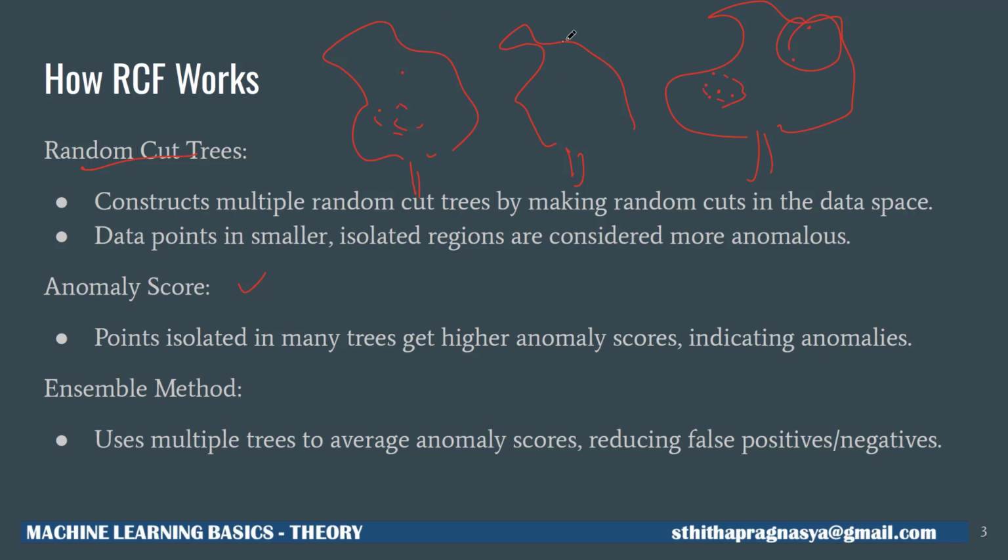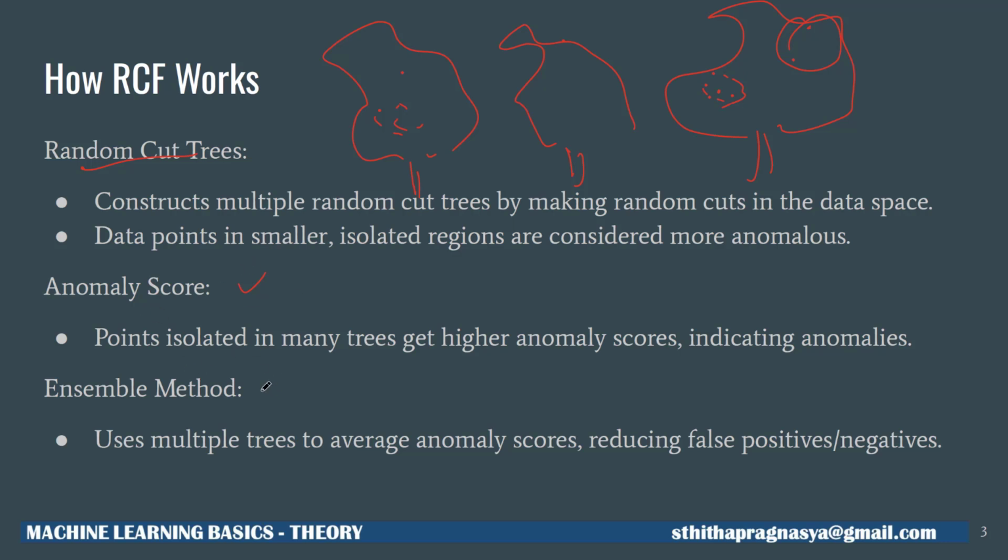Obviously, if it is isolated in all trees, it will have a higher anomaly score, indicating they are more likely to be anomalous. Conversely, the points that are not easily isolated and thus lie in larger, denser regions of the trees will have lower anomaly scores, indicating they represent more common patterns in the data.